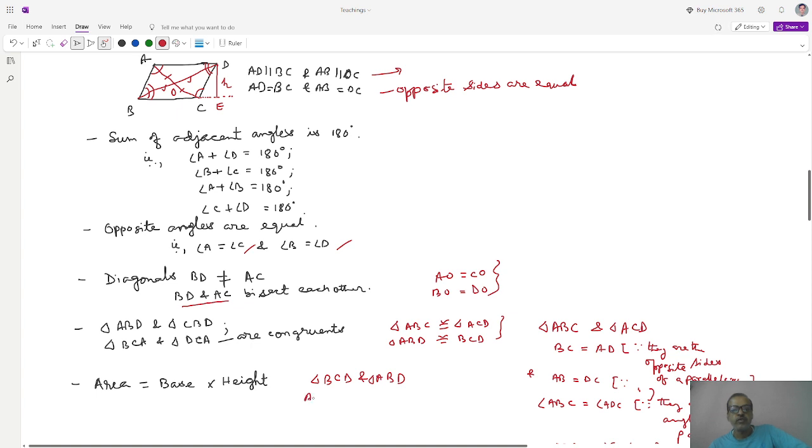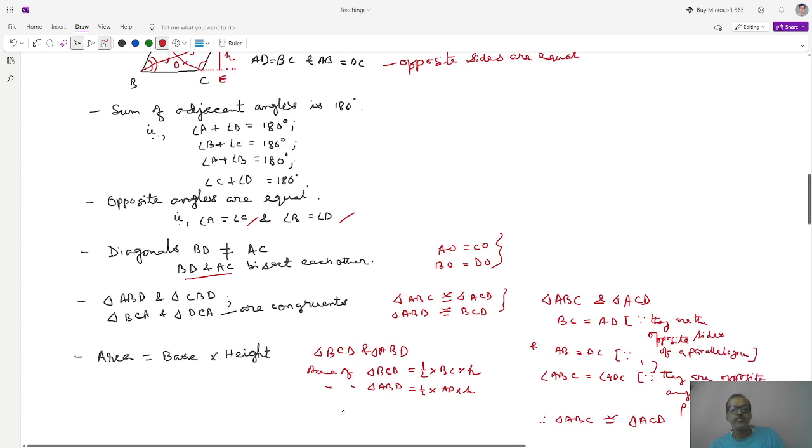Now the area of triangle BCD equals half of base BC into height H, as well as the area of triangle ABD equals half into AD into H. H is the height of these two triangles.